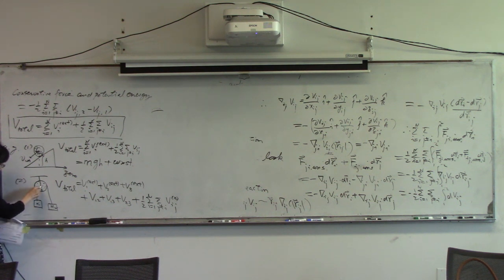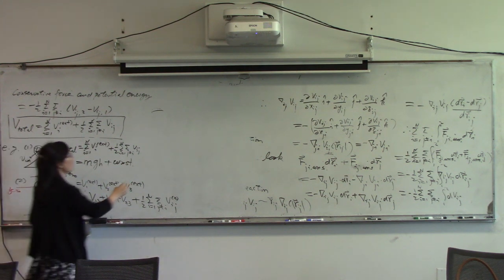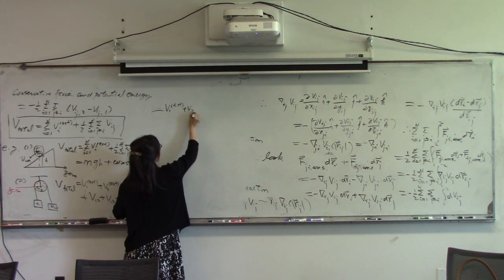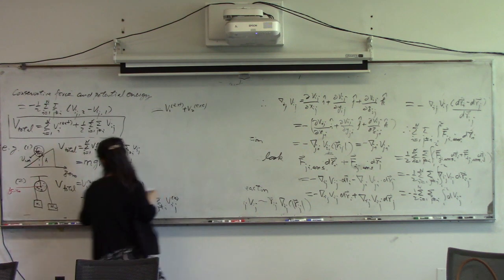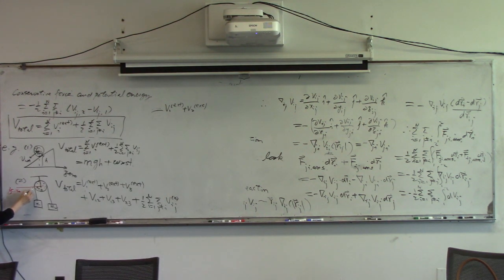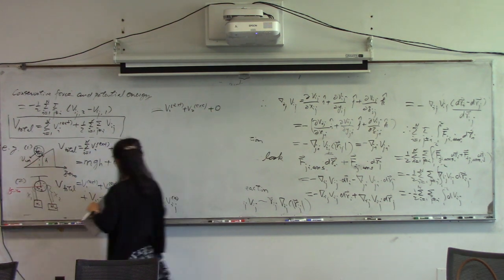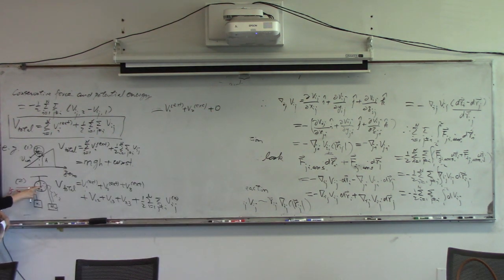If we select this one as the horizontal zero potential reference, then we have V1 external and V2 external, which depend on x1 and x2. And this one is 0, since I select the center of mass as 0, so the external potential on this pulley is 0.